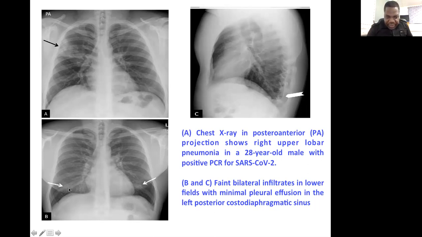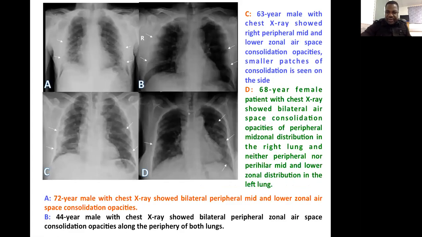And here you can see bilateral areas of consolidation, that is a faint bilateral infiltrate in the lower field with a minimal pleural effusion that you can see very well here. A bit of fluid in the pleural cavity, with very minimal pleural effusion in this patient.